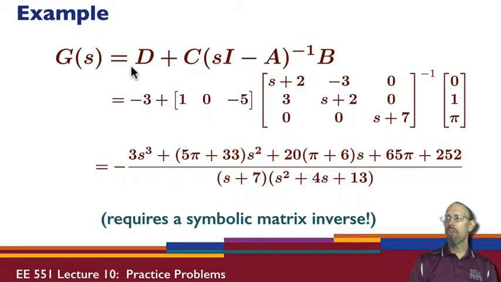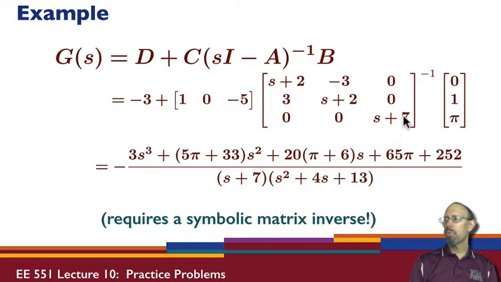Okay, so in order to go from a state model to a transfer function, I need to do something like a symbolic matrix inverse. Now in MATLAB, if you use the command ss to tf, state space to transfer function, it does not actually do a symbolic matrix inverse. It knows how to compute it by an alternate means.